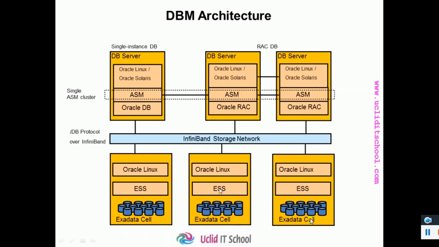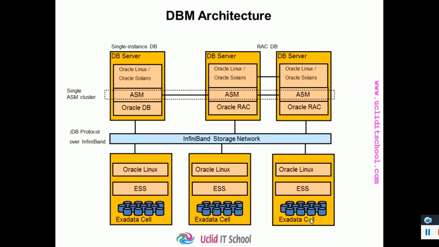ESS is installed on every storage server, and ESS manages the storage devices attached to that server. These storage devices are in the form of hard disks as well as flash disks. And nowadays, Oracle is shipping storage servers only with flash storage. Those servers are called extreme flash storage servers.